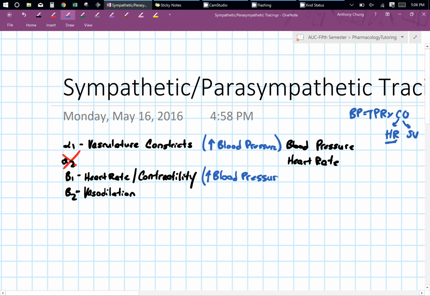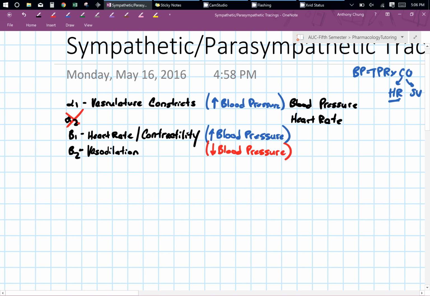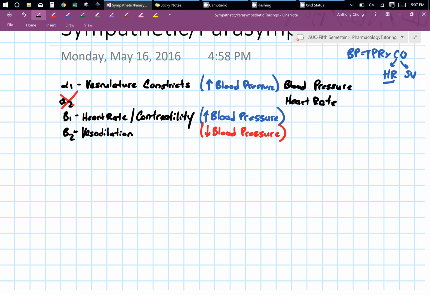And then finally, beta 2, what will that do to blood pressure? Decrease, right? All right, but here's the thing. Blood pressure has two aspects to it. Blood pressure has a systolic. I'm going to just write a systolic line.